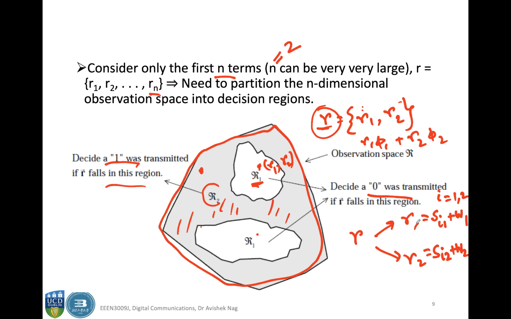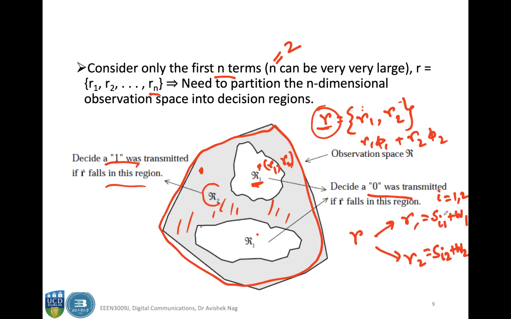So R1 is either S11 plus W1 or S21 plus W1, and your R2 is S22 plus W2 or S12 plus W2.